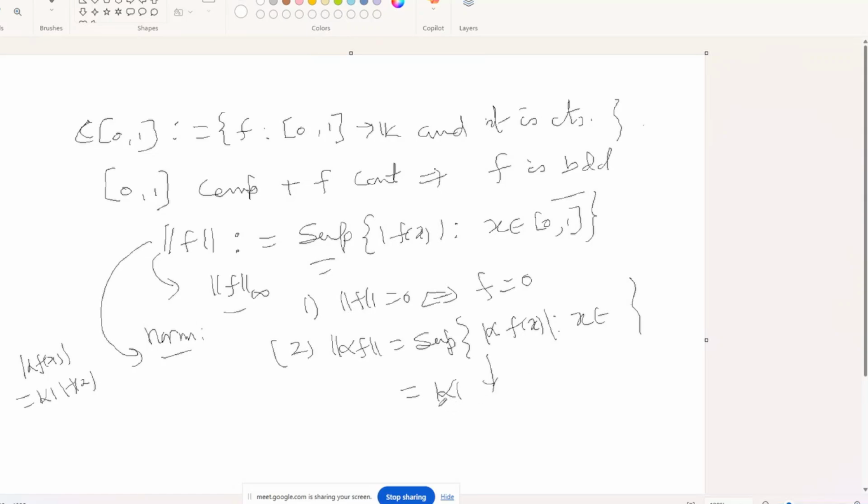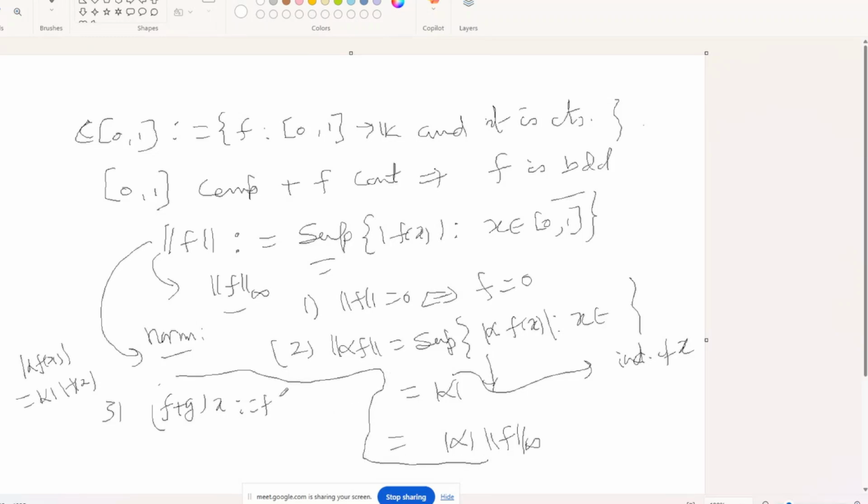Why does it come out? Because mod alpha is independent of x, so it comes out of the supremum. So this will be equal to mod alpha into the norm of f. So the second one is also true. Third one: you take (f plus g)(x), which by definition is f(x) plus g(x).